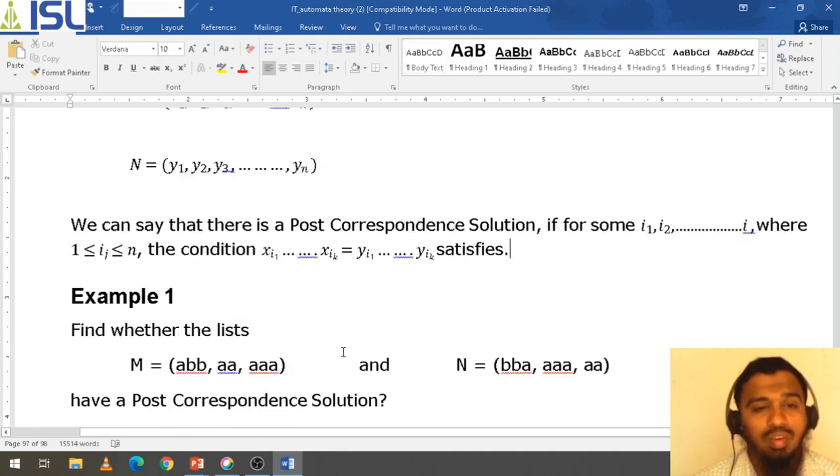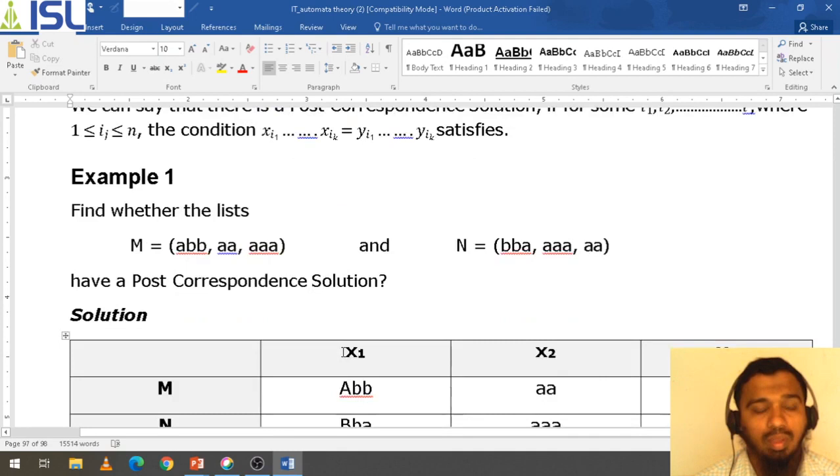Okay, so we will take an example: find whether the list has a solution. In this PCP we need to check both M and N, and we should get the same result. Take M equal to ABB, AA, AAA.